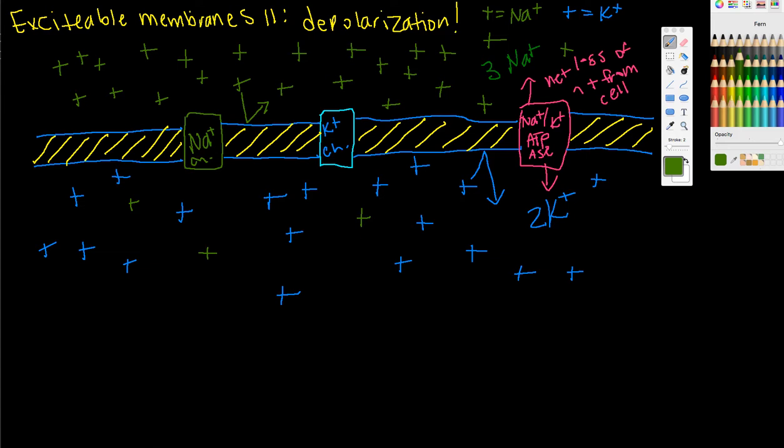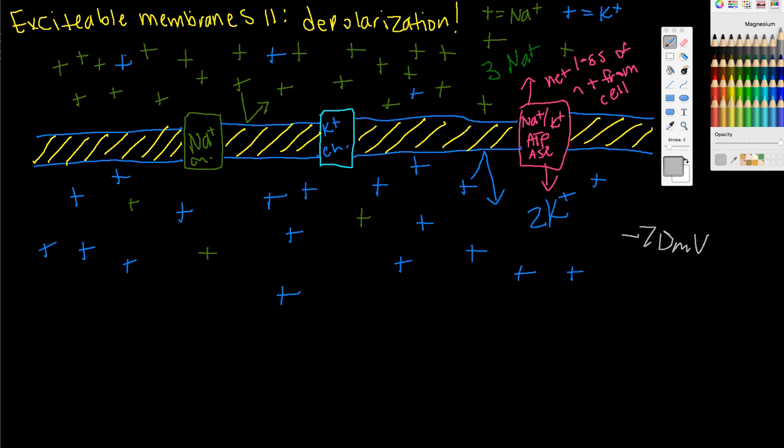Also, this membrane is polarized because there is a lot more positive charge outside and a lot less positive charge inside, and there's different relative amounts of different ions on each side. So let's also make sure we put a couple potassium out here. So here we have a membrane that is at a resting potential, and that resting potential we're going to call -70 millivolts.